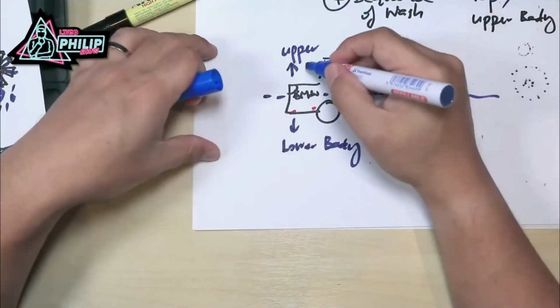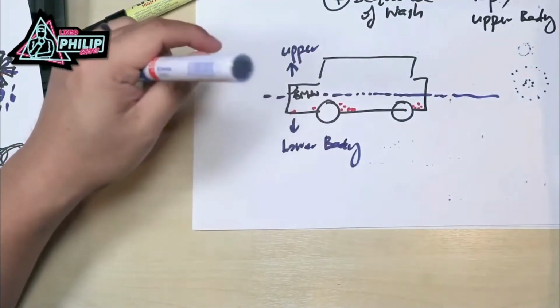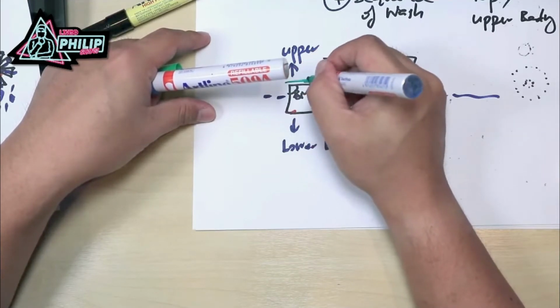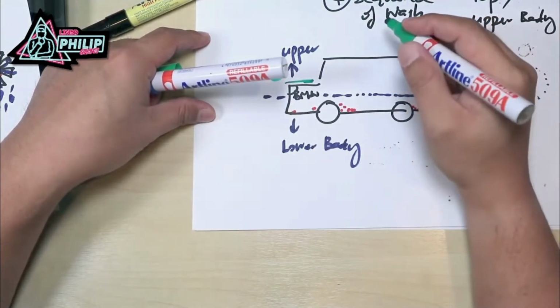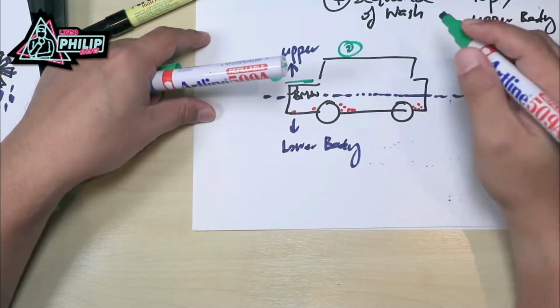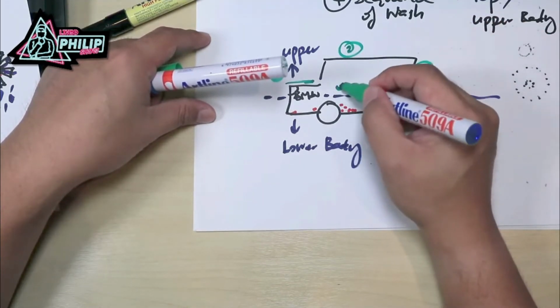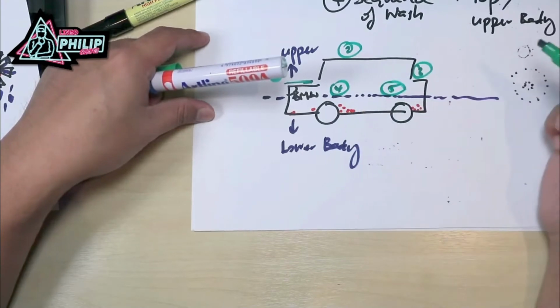Always start from the top first. So start from the top first, which is suggested is this area first. This area will be number 1. Second, and then the third one, and then comes the door, 4th, 5th.